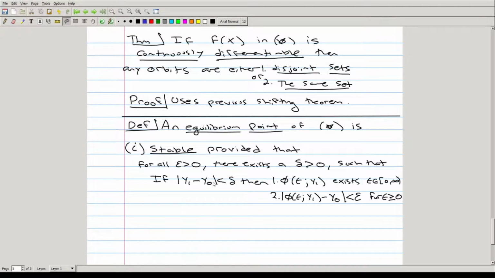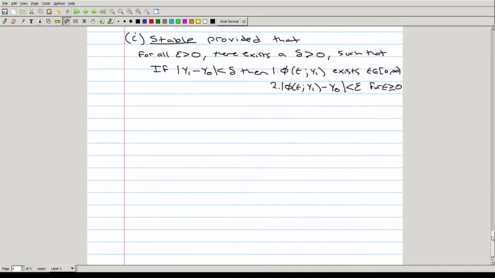It says that for any tolerance epsilon, there has to exist a small enough delta, an initial condition close enough to the point y0, that the solution stays within epsilon of that value y0.